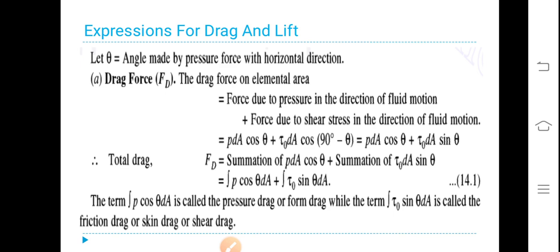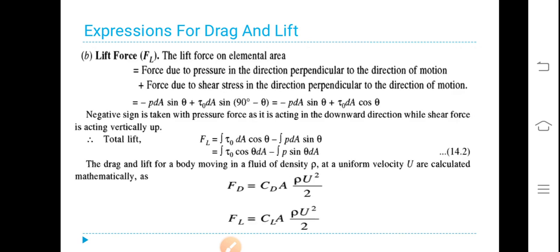Drag force Fd is equal to force due to pressure in the direction of fluid motion plus force due to shear stress in the direction of fluid motion. That will be equal to P dA cos theta plus tau naught dA cos(90 minus theta), which is equal to tau naught dA sin theta.